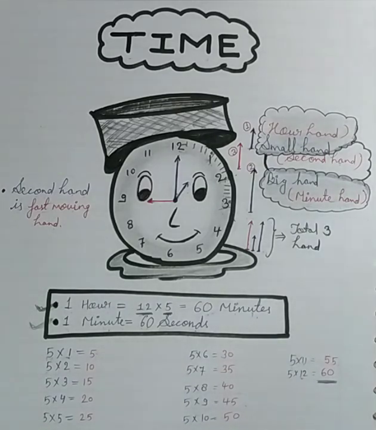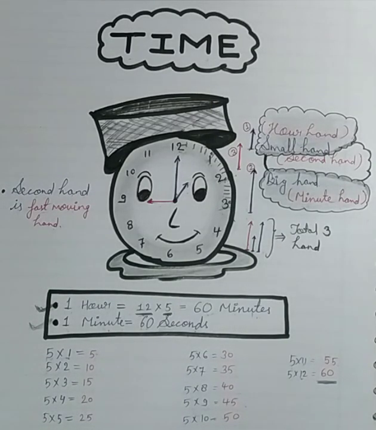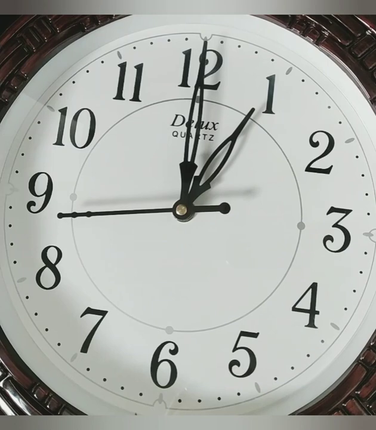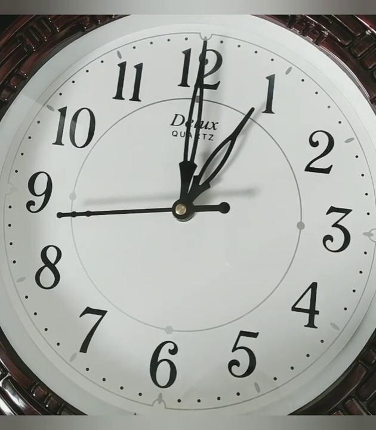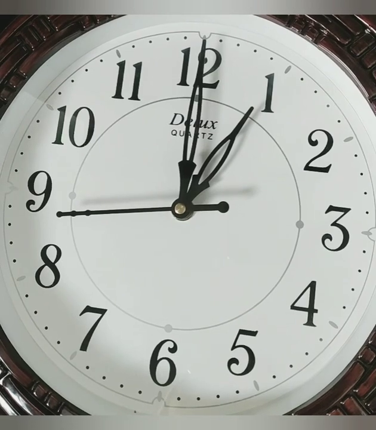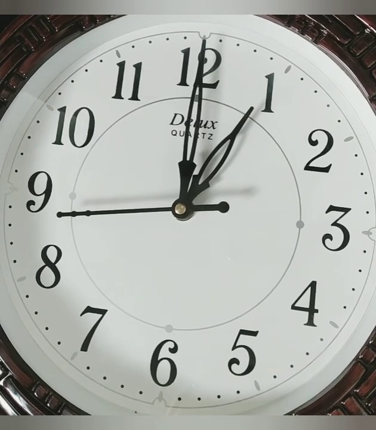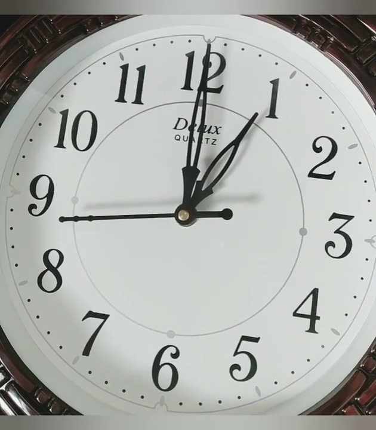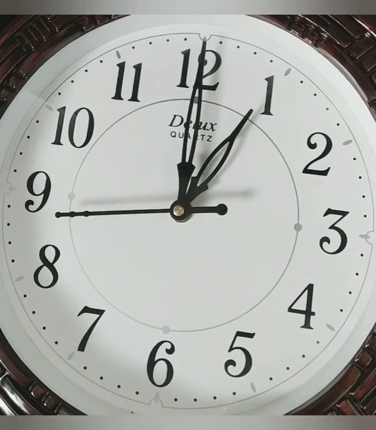Now let's learn the time by using the watch. Okay. So here I am going to show the watch. I have a watch. So here we will learn how to read the time by using this watch. As you can see here, this watch has 3 hands.